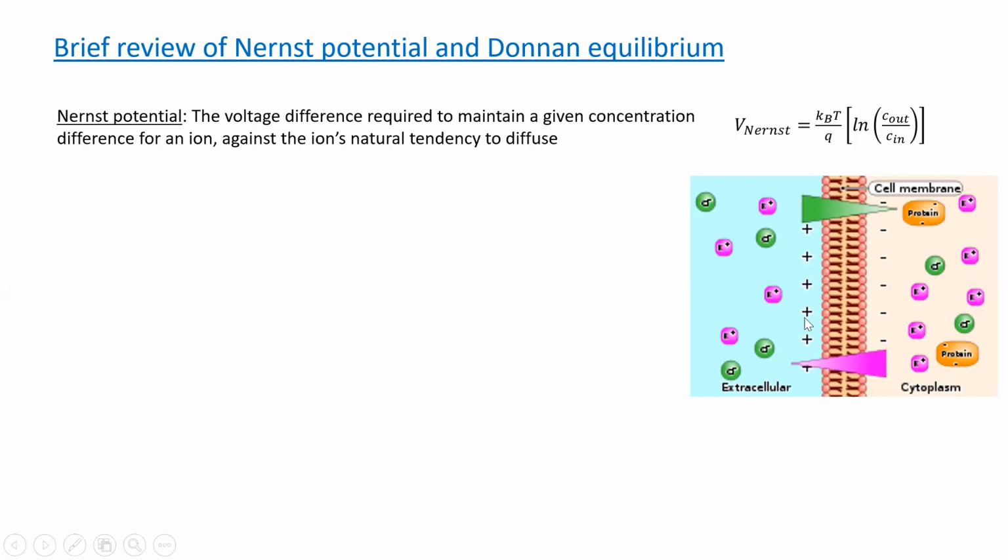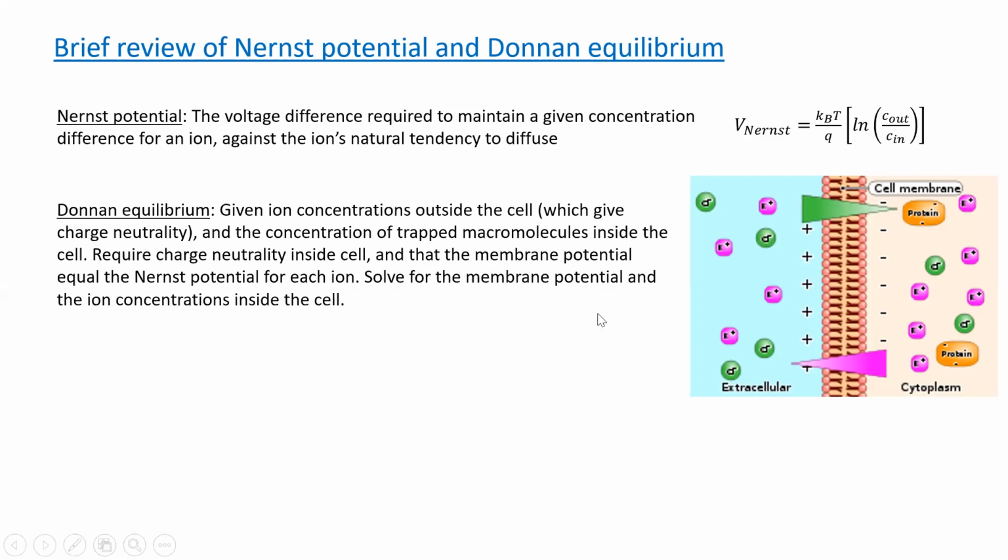But because there's a membrane potential, which is negative inside the cell, there's an electrical force back which counters that diffusion. And if that electrical voltage is equal to the Nernst potential given above, then the diffusive and the electrical tendencies cancel.